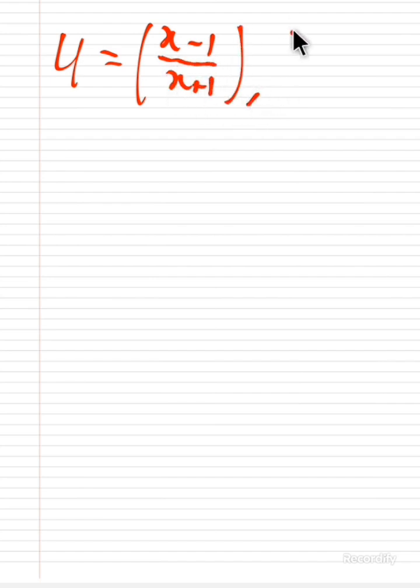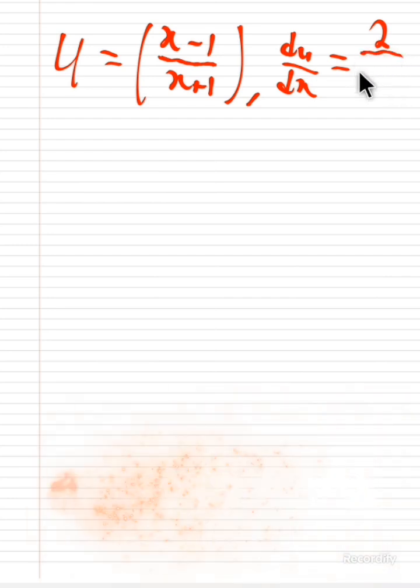Now we have gotten the value for the du dx to be 2 all over x plus 1 squared. That's our du dx.